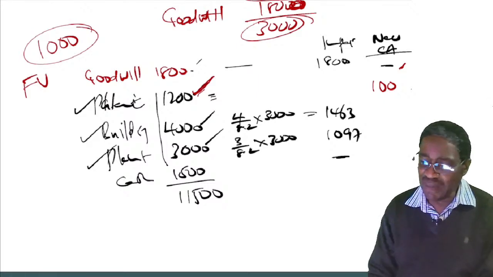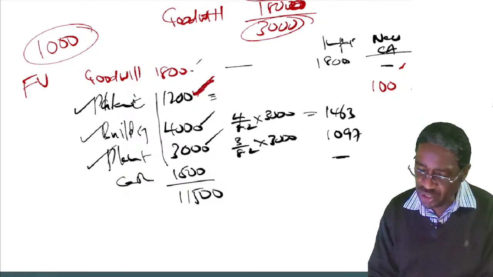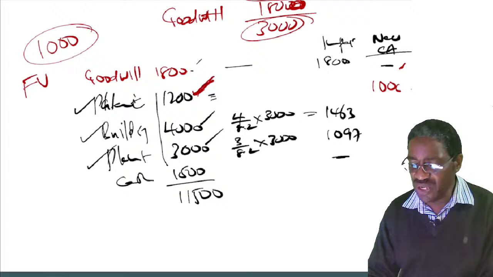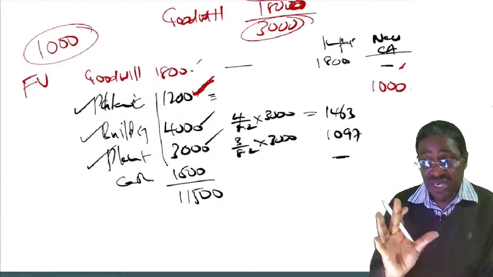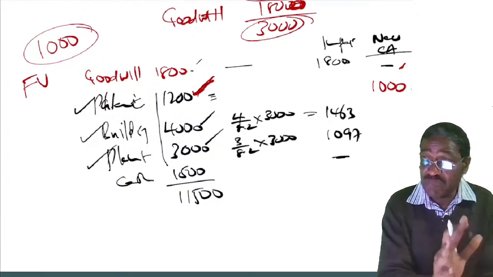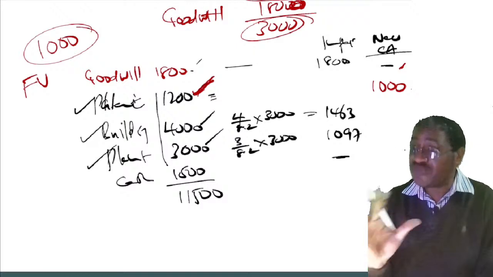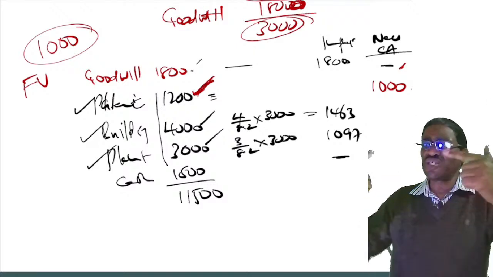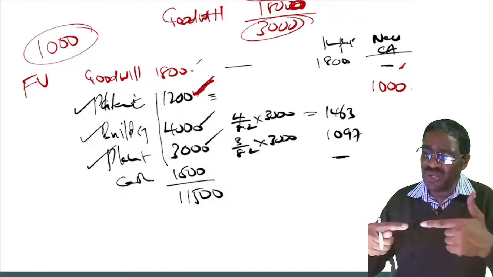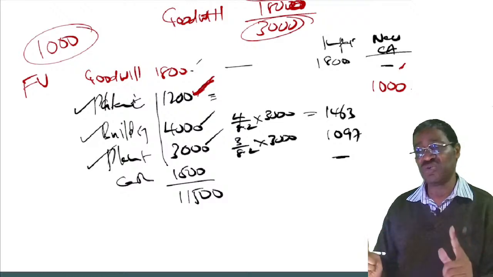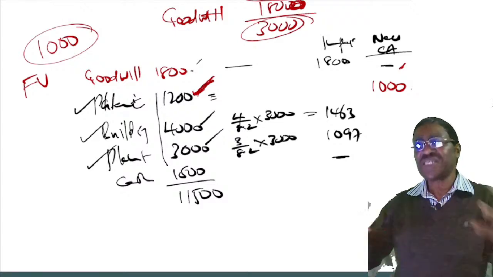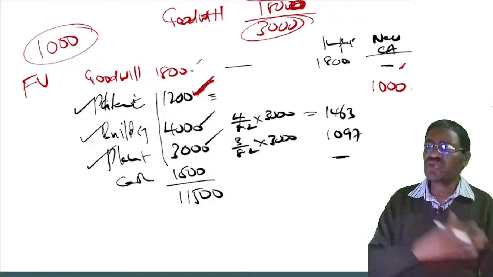If it has a carrying amount of 1.2 and its fair value is 1 million, then it means it can only go back into the books at the lowest value, which is fair value. You cannot show an asset at a value in your books less than its fair value. Because assets are supposed to be revalued from book to fair value.